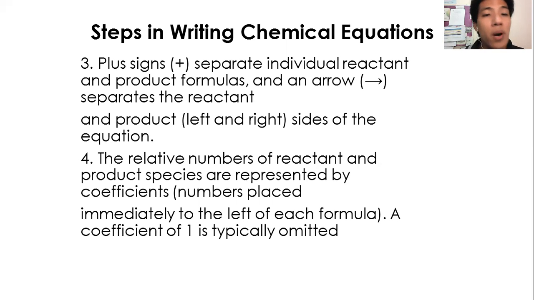Number 4, the relative numbers of reactant and product species are represented by coefficients. Usually they are whole numbers, and 1 is typically omitted. For this reason, all of those chemical equations that do not have any coefficient number are understood to have 1.